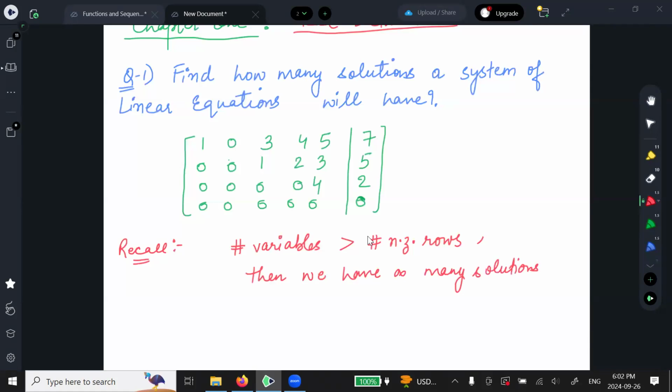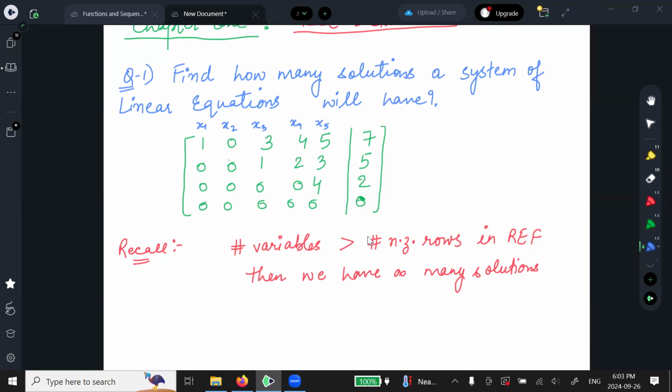And non-zero rows in your REF. So you should not be doing any math here. This is almost in REF. So you can check the number of non-zero rows is 3. And how many variables here? So how many solutions will this system have?